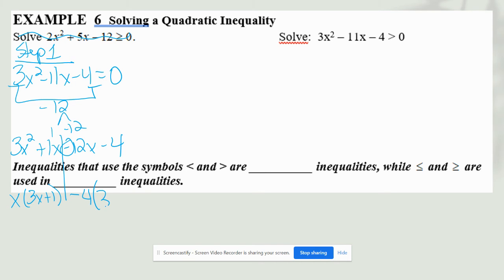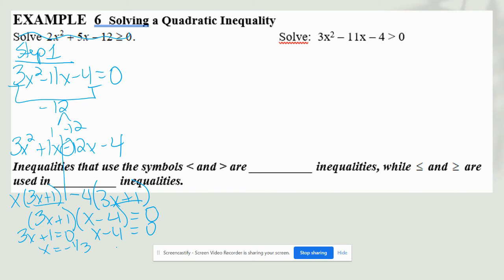That leaves us now with a positive 3x and a positive 1. 3x plus 1 is our new common factor, and we pulled out x minus 4. Set those equal to 0 and solve for x. We get x is equal to -1/3 and x is equal to positive 4.